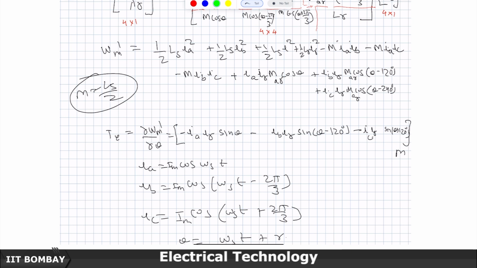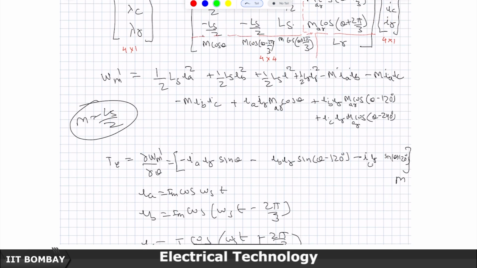Now, to calculate the torque, I have to take a partial derivative with respect to theta. The first 7 terms do not have anything in terms of theta, so their partial derivative with respect to theta is 0. The only terms which explicitly involve theta are the 8th, 9th and 10th terms. So the last 3 terms require that.